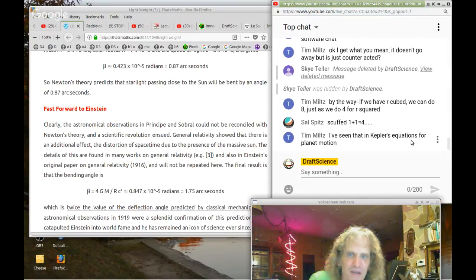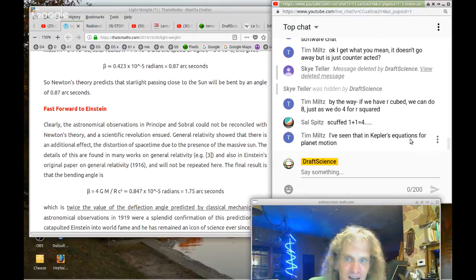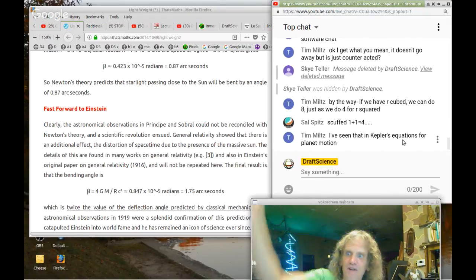I don't care about Kepler's equations. The equations that we're talking about are Newton's equations, and they haven't changed. The only Newton equation that got changed by Einstein here in this example is he took a 2 and erased it and put a 4 for photons. That's the only change. The two equations are the same if we're talking about a satellite or an electron or a proton.